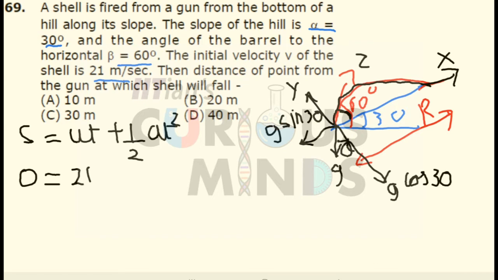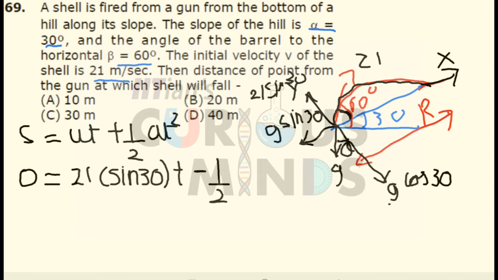So for the y axis we will use the formula S is equal to ut plus half at square. Over here the total displacement in the y axis is equal to 0, so let this be equal to 0.